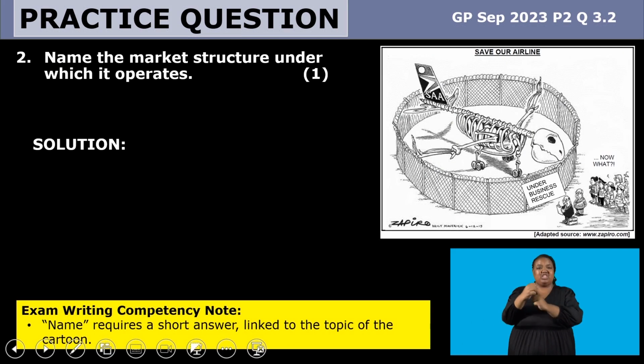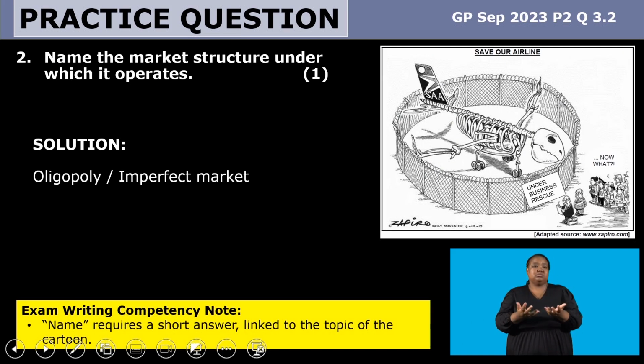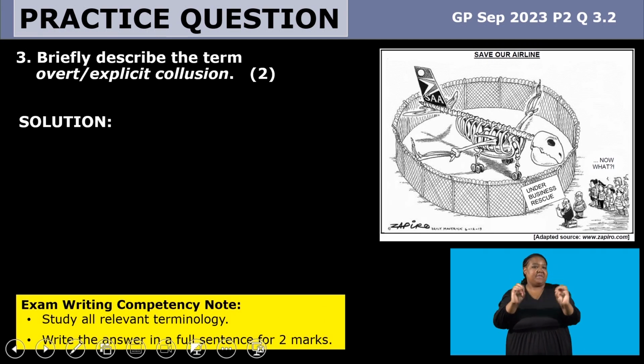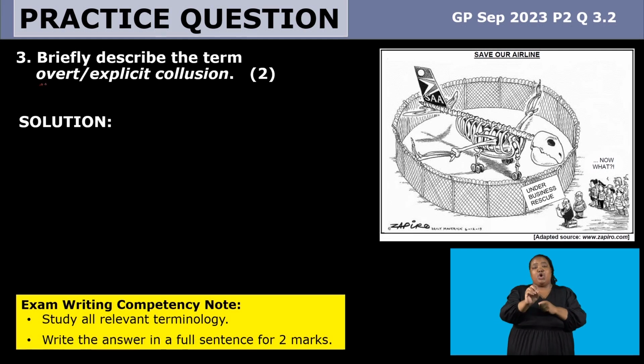Name the market structure under which it operates. It operates in an oligopoly, or in an imperfect market. Remember, an oligopoly is an example of an imperfect market. Briefly describe the term overt or explicit collusion.